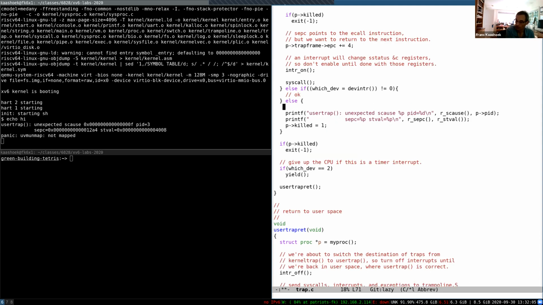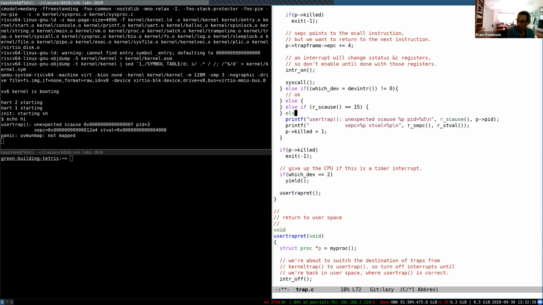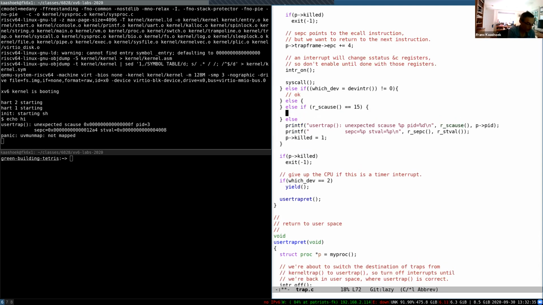And basically what we need to do is add some code here that checks for another case. The case that we want to look at is if our scause is 15, we want to do something else. Does that make sense? So what do we want to do here?